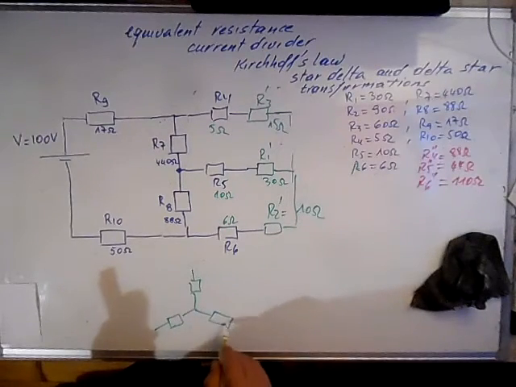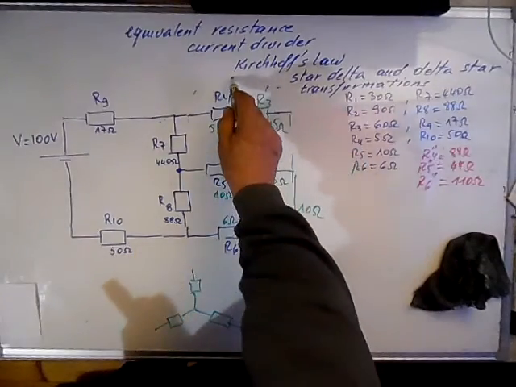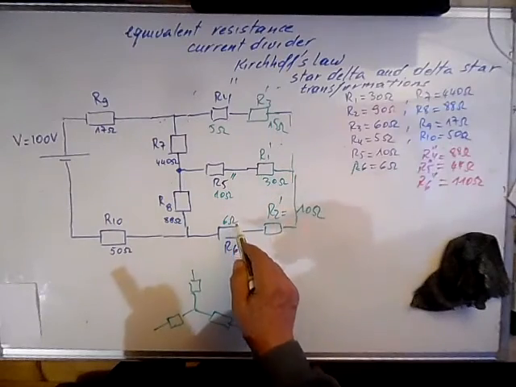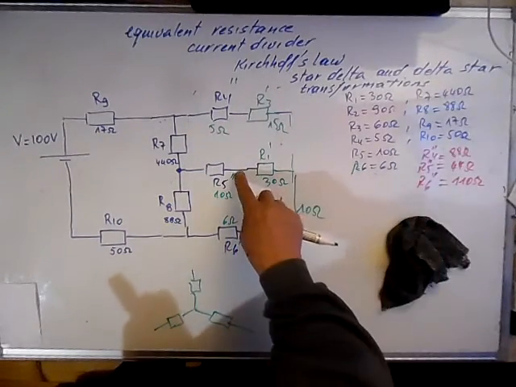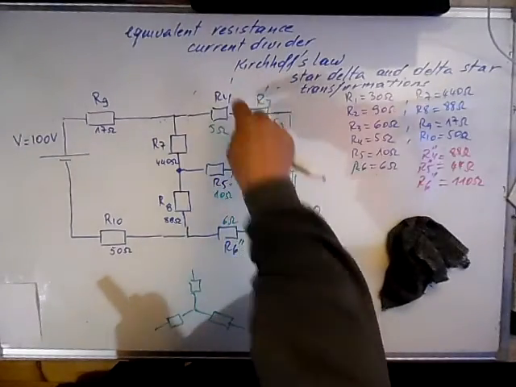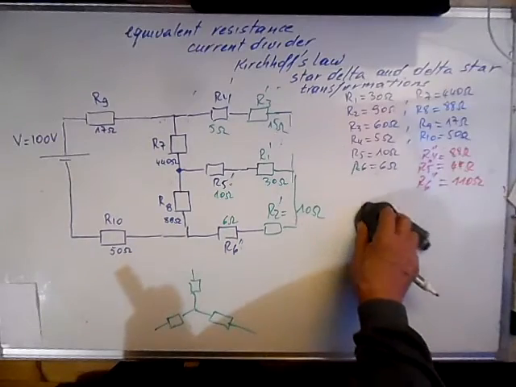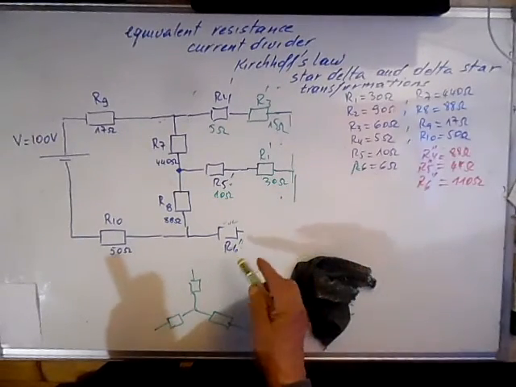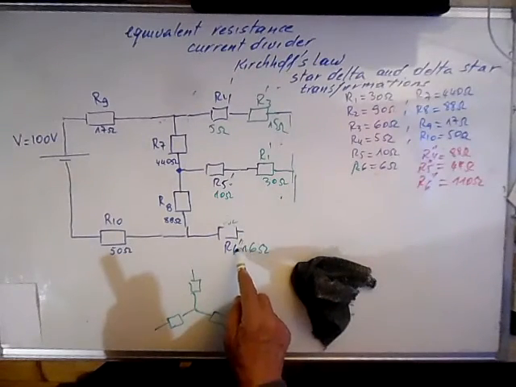We have, let's call this one R4 prime, R5 prime and R6 prime. This is the sum of the two, so it's 16 ohms.